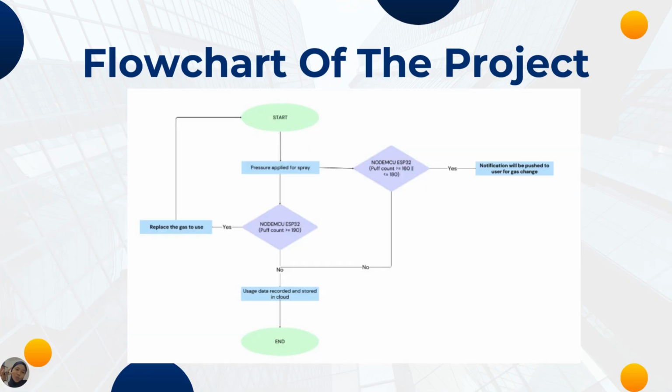So this is the flowchart of the project. First, we start the program. After that, we press the smart inhaler, and after we press the smart inhaler, the NodeMCU will count the puffs that we use, and after that, it will send the notification to the app on the phone that we use, and after that, the data will be collected in the cloud.